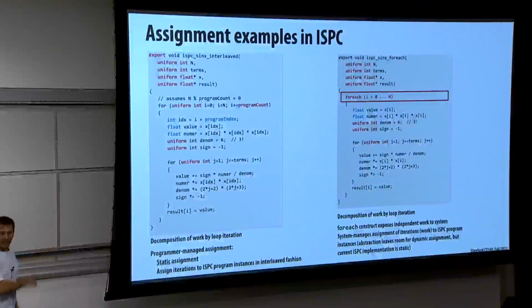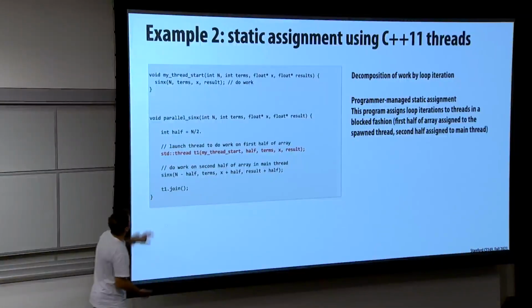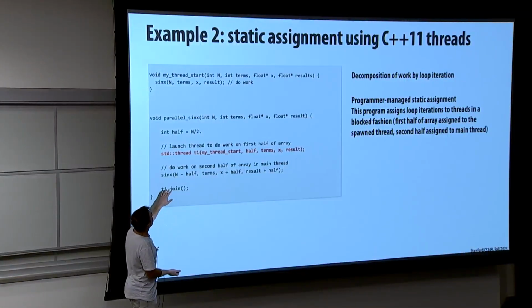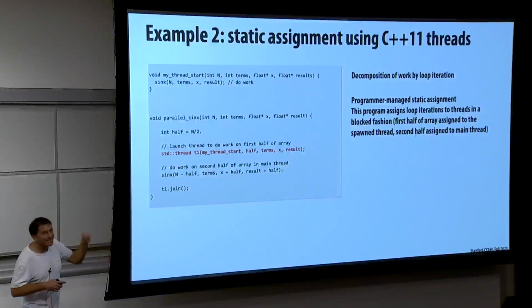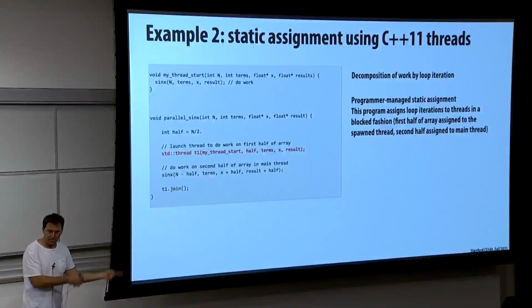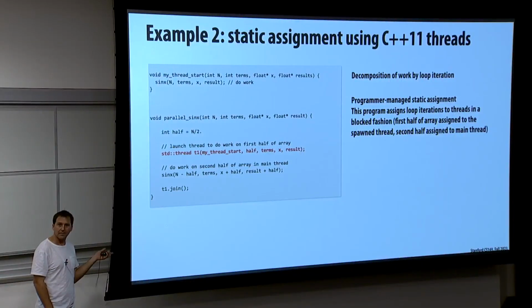So that's an assignment task right there. On the first day of class, I think I showed you this piece of code where I had a C program that spawned an additional thread, and in this code, I assigned one half of the array to one of those threads by the nature of the code that I wrote, and I assigned the other half of the array to another thread. Right? So I assigned who does what.